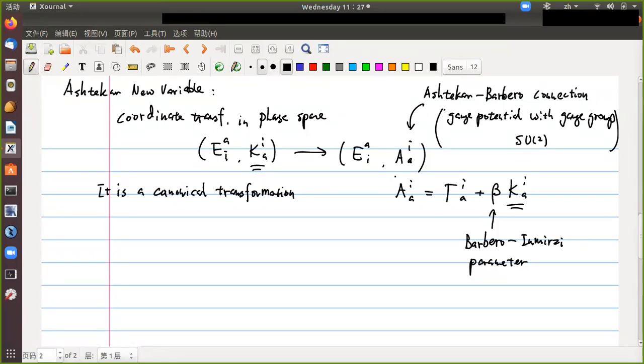So it means that E^a_i and A^i_a are canonical conjugate variables.